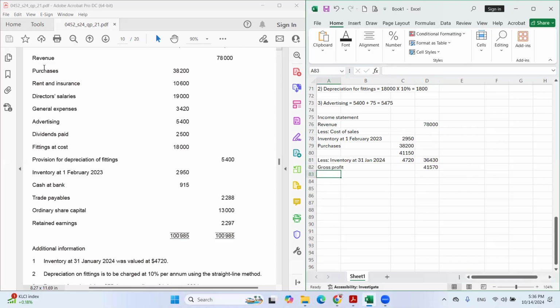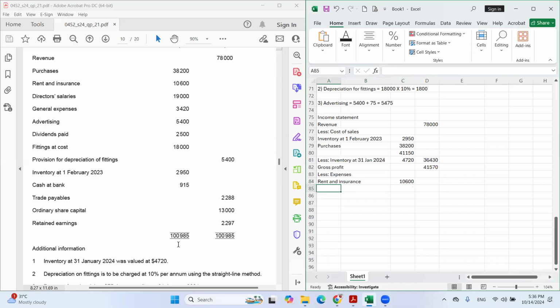And this question doesn't have other income. So we less the expenses. Let's see what the expenses are first. Our expenses, we have rent and insurance. The first column put the detail. Second column put the subtotal.